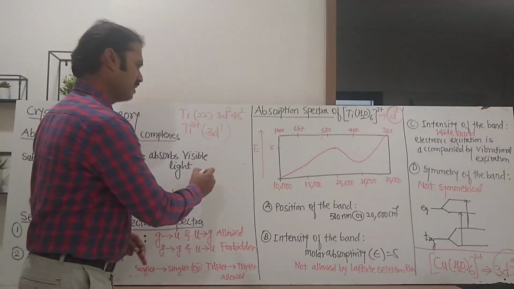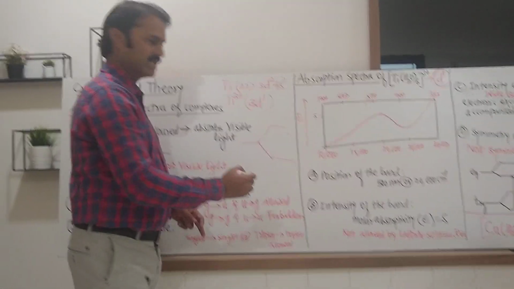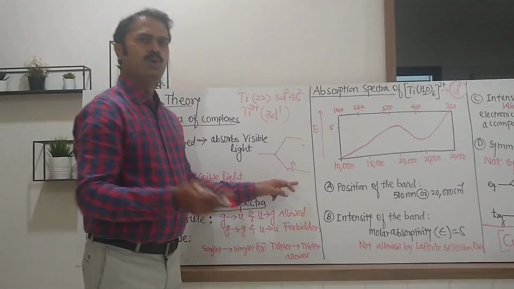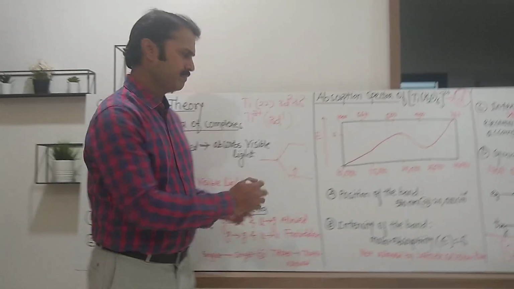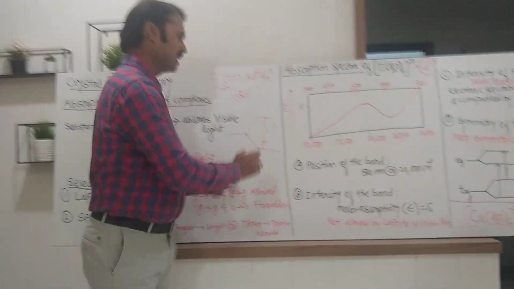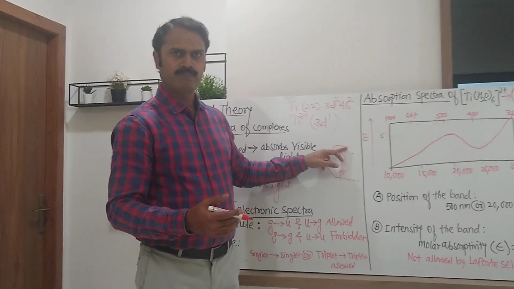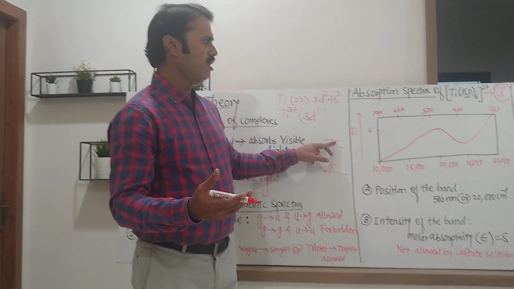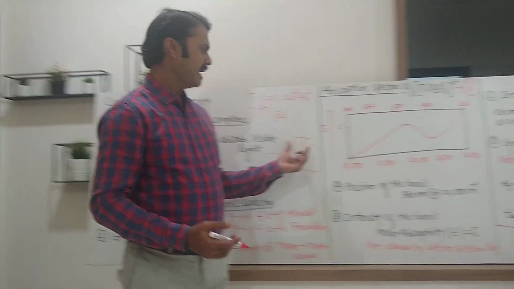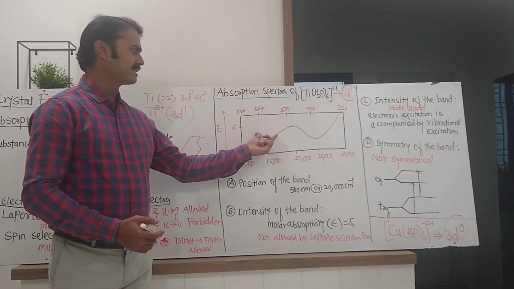When there is one electron in the d orbital, this electron first occupies the lower d orbital. This electron absorbs visible light and undergoes electronic transition from lower d to higher d orbital. During this, absorption of light takes place, and the absorption spectrum is like this.